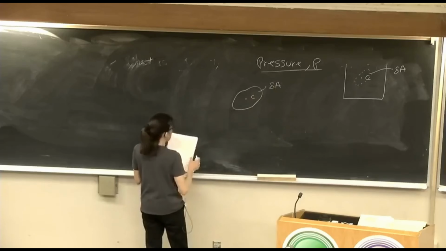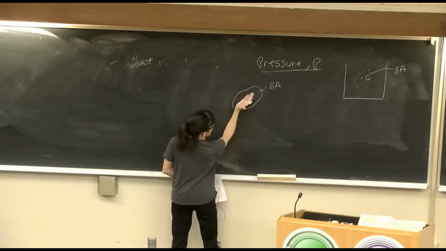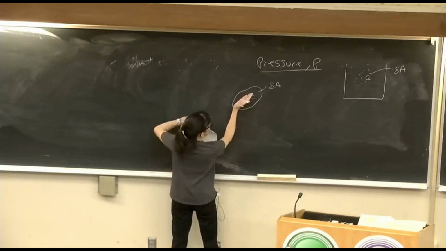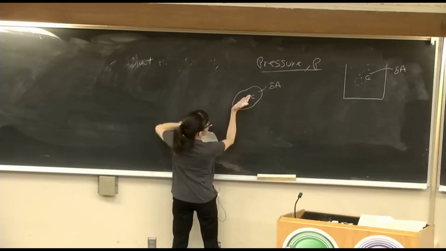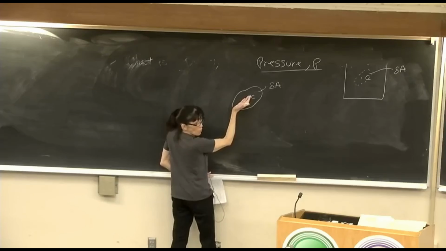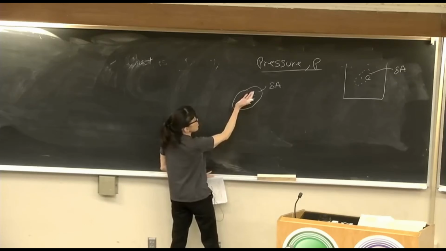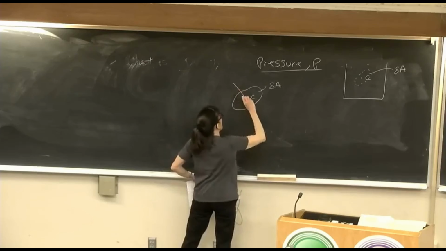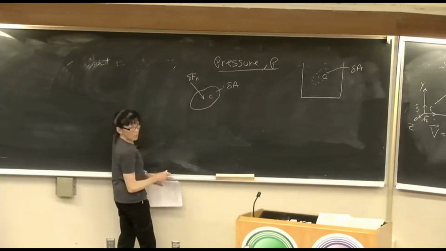Okay, so if this is fluid at rest, and let's say this area is oriented in this way, due to the fluid above this area, there's going to be a force, a normal force, acting towards this area due to the action of the fluid above. It's a normal force, delta Fn.